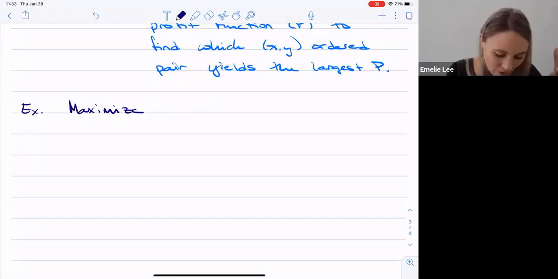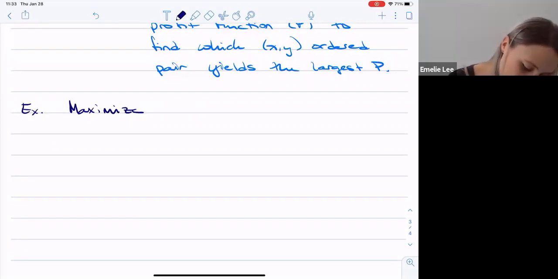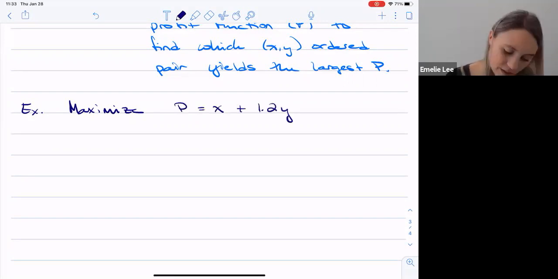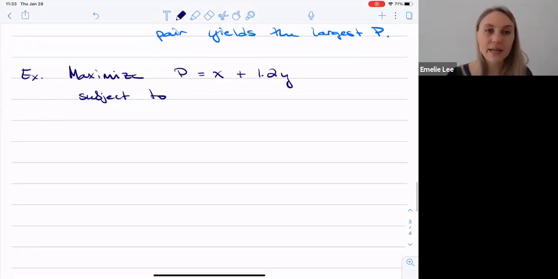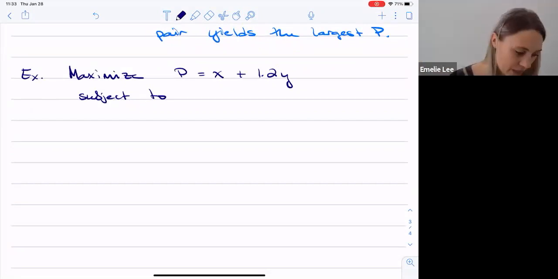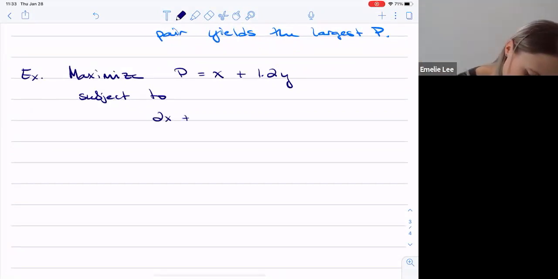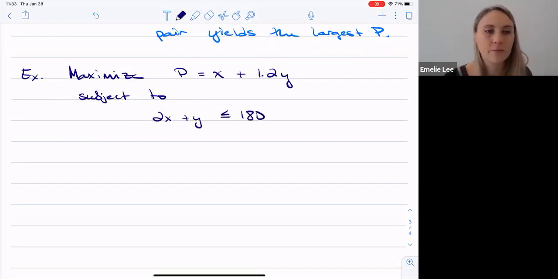So we want to maximize, and then I give you P equals x plus 1.2y, subject to, and then I give you the list of restrictions. 2x plus y has to be less than or equal to 180.